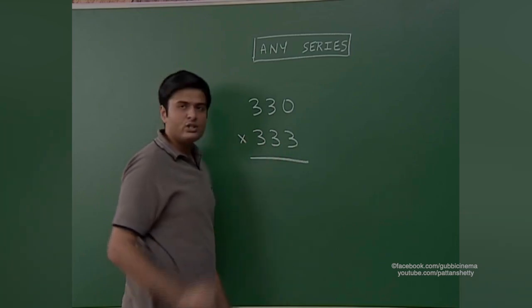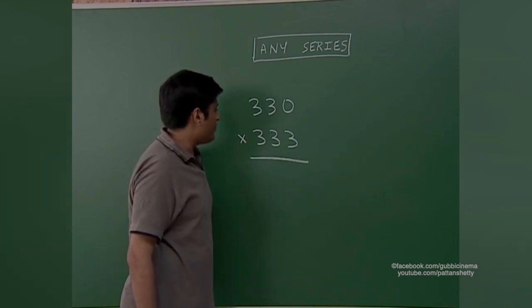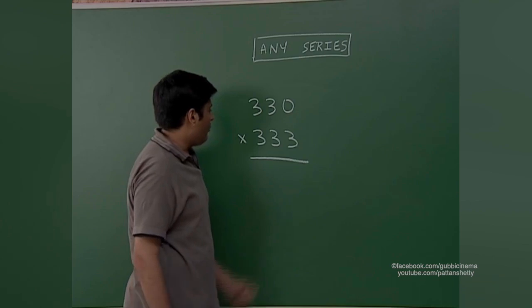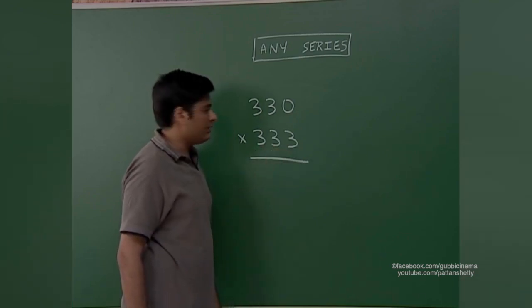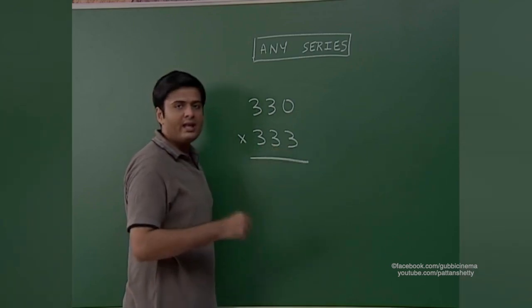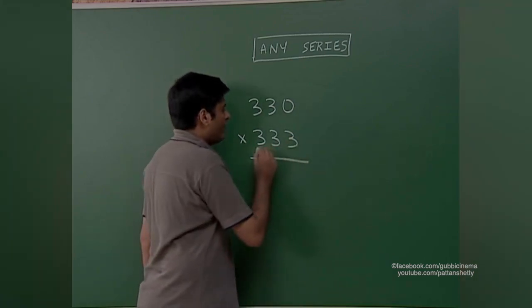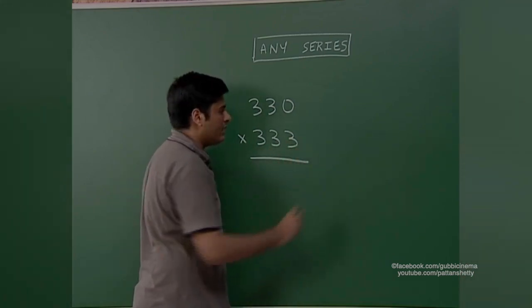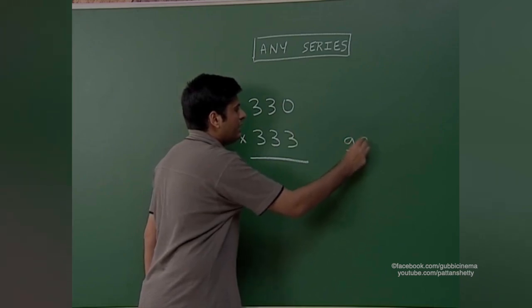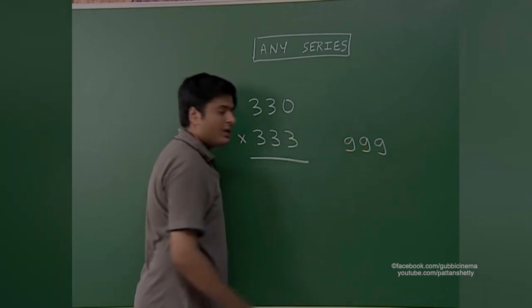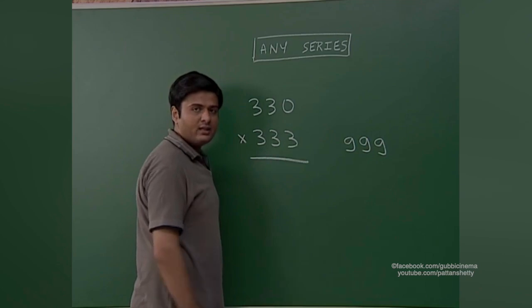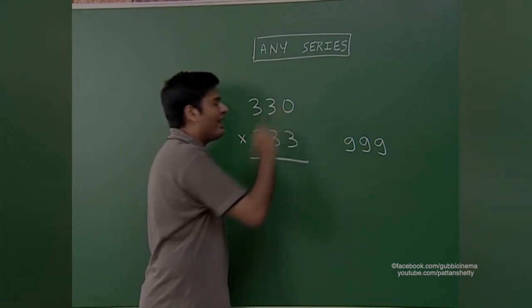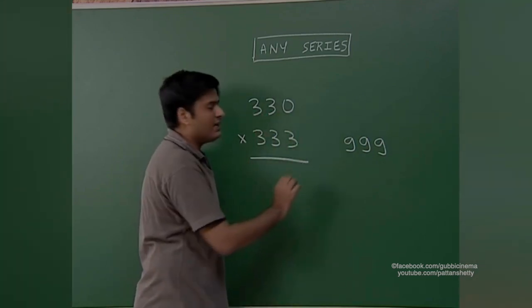We have seen series of 1. Let us see one example from series of 9. Now, I have a series of 3 over here, 3, 3, 3. I want to make it 9, 9, 9. So, if I multiply 3, 3, 3 by 3, I get 9, 9, 9. Because I am multiplying here by 3, in reciprocative, I have to divide this number by 3 to keep the answer constant.